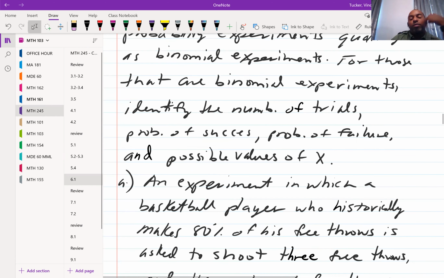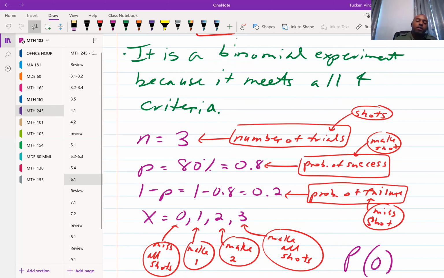0 means that the person missed all the shots. 1 means you made 1 shot. 2 means you made 2 shots. And then 3 means you made all 3 shots. So X is always based on your successes.